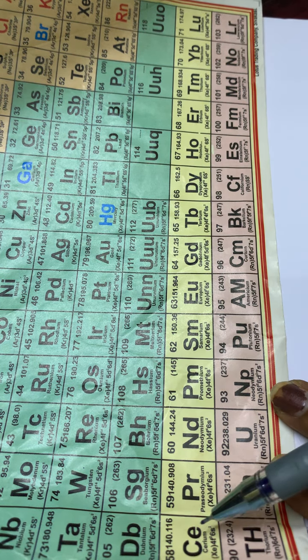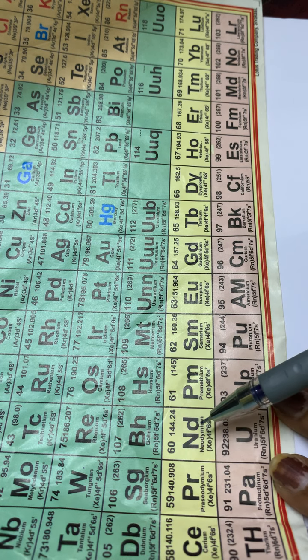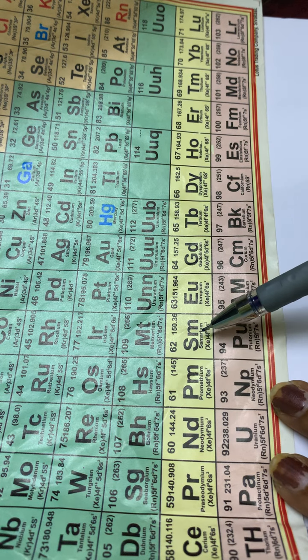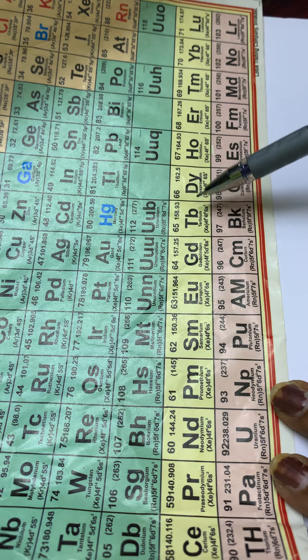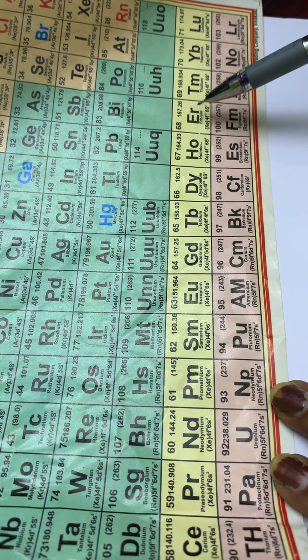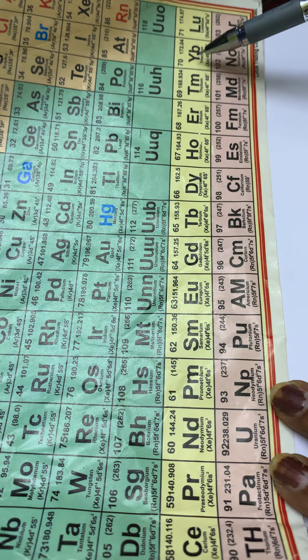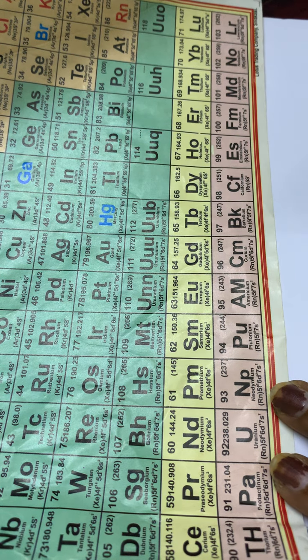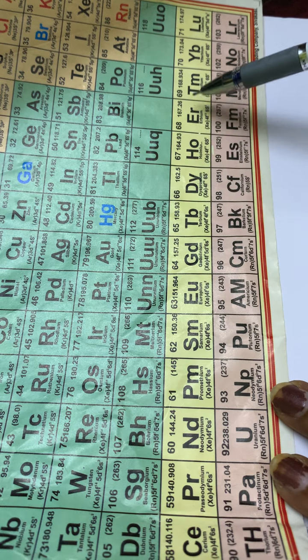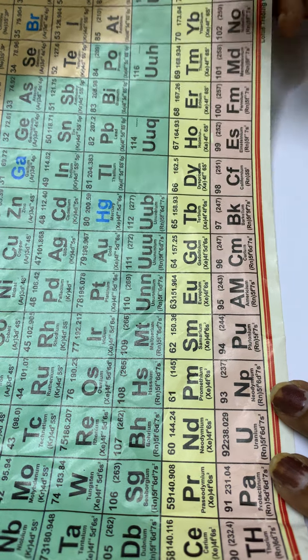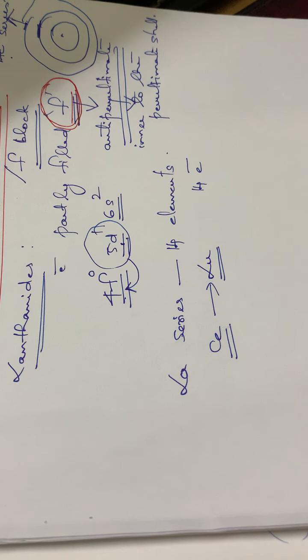I will tell you once more: cerium, praseodymium, neodymium, promethium, samarium, europium, gadolinium, terbium, dysprosium, holmium, erbium, thulium, ytterbium and lutetium. This is the lanthanide series from cerium to lutetium. How many elements are there? 1, 2, 3, up to 14.